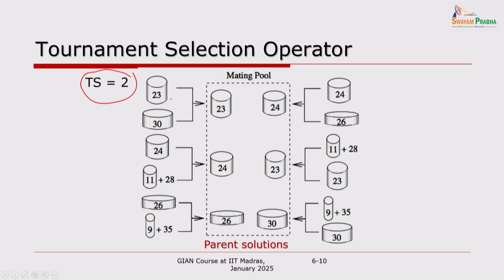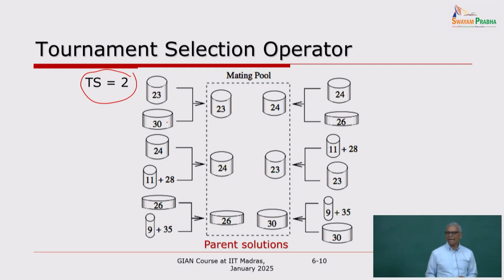You don't know where is what. Now you take the first 2 and apply a tournament like you play in games. Tournament is based on the objective values. Since you are minimizing, we pick up the one with the smaller value. So here 23 is smaller, I keep it here. Then I take the next 2, 24 versus 39, 24 is better, I put it here.